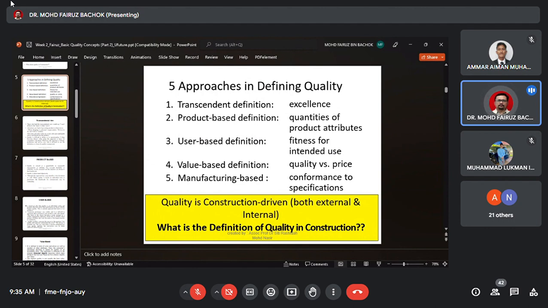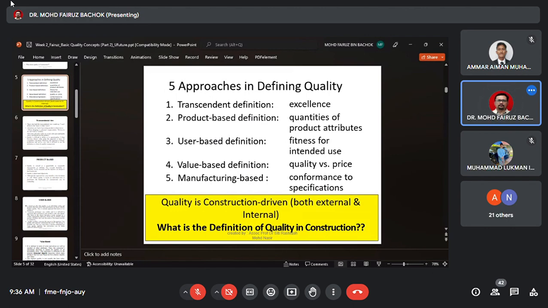Did they use a product-based approach? Did they use a user-based approach? And then you look at the failed products: did they use a value-based or manufacturing-based approach? And then you will know which is the right approach to be implemented. This is how to ensure that your product will be a success. You need to study the existing products, meaning the competitors.